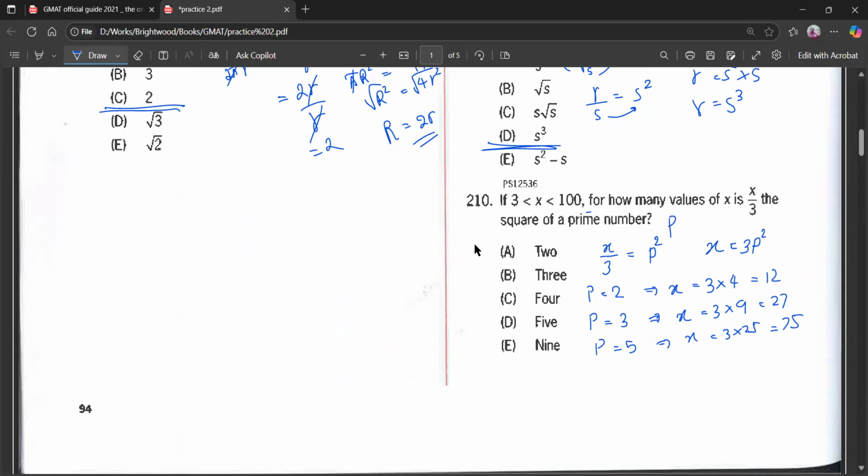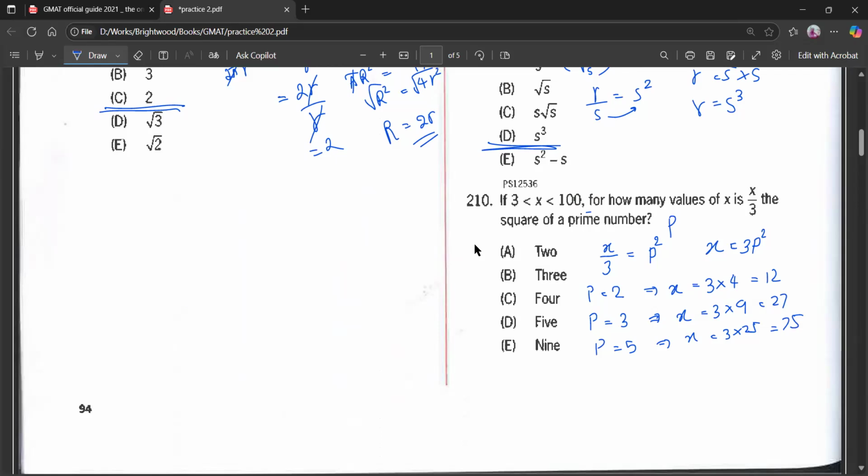So they are mentioned. The x value is between 3 and 100. How many values? x over 3 is the square of a prime number.